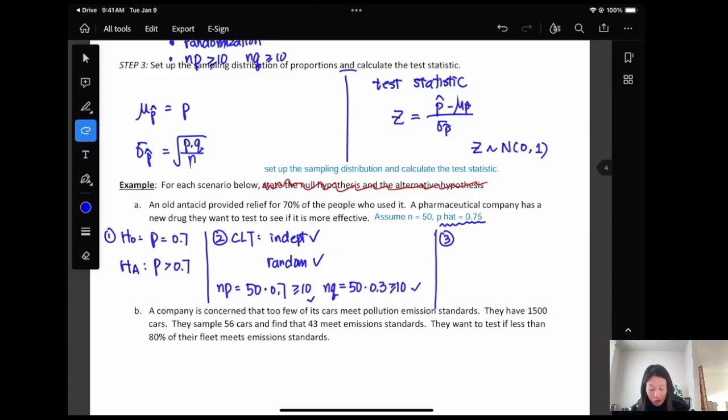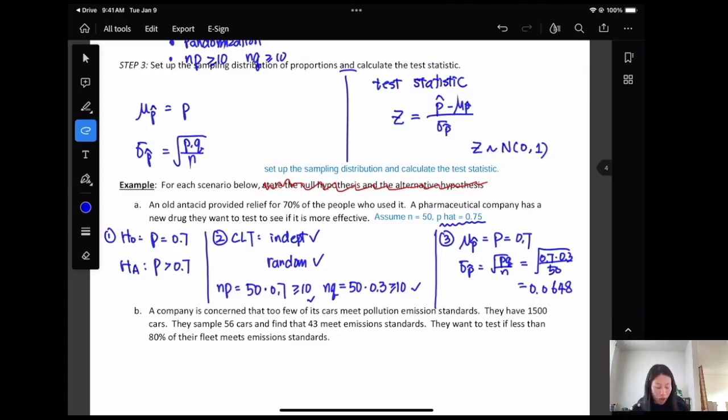Our mu p hat equals the population proportion, which is 0.7, and then sigma p hat is equal to the square root of p times q over n, which is 0.7 times 0.3 over 50, which is 0.0648.